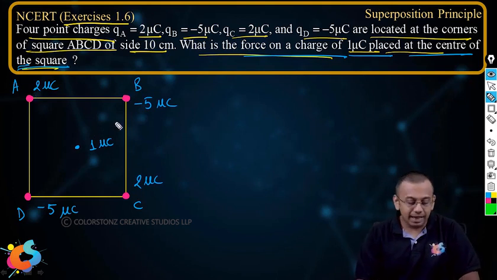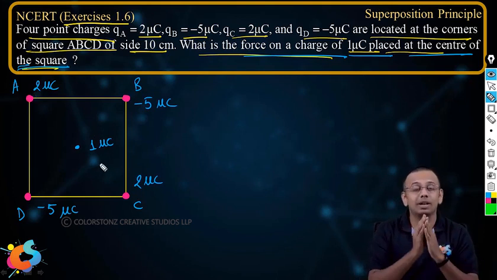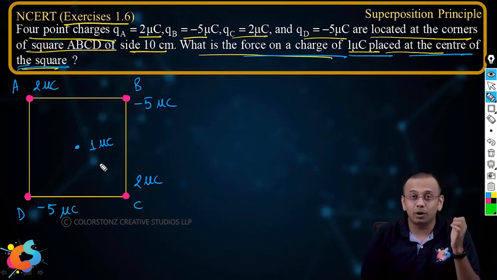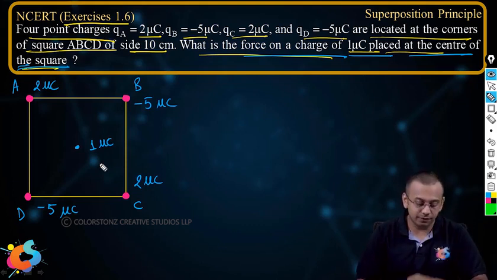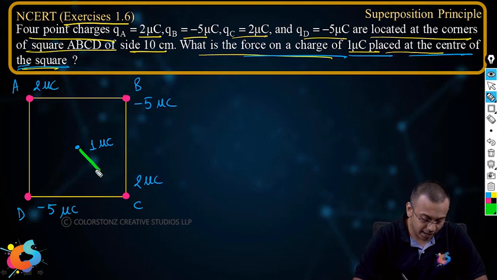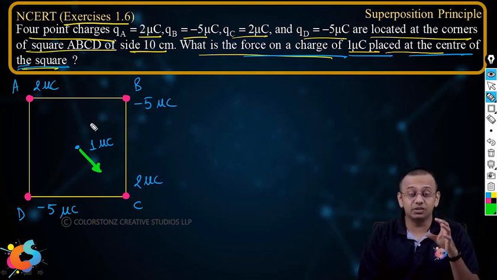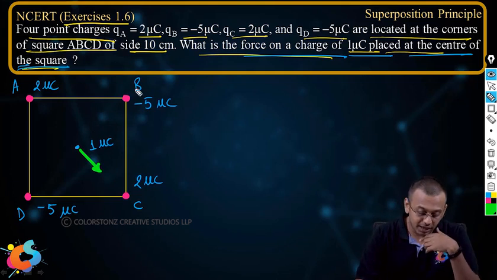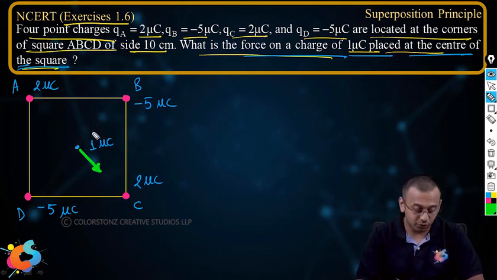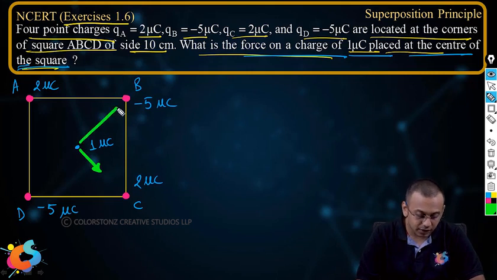So let's start from A. 2 microcoulomb and 1 microcoulomb. They are like charges, both positive. There will be a repulsive force in this direction. So this is force due to A. B and this charge are unlike charges, so the force is going to be attractive and it will be greater in strength than the force by A because there is a bigger charge, minus 5 microcoulomb.